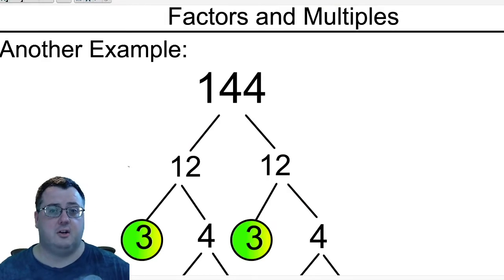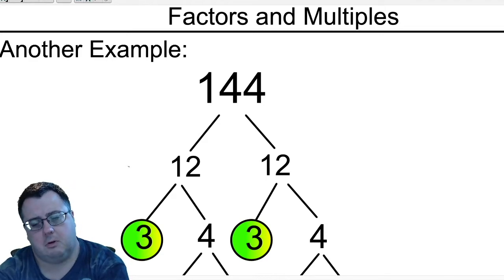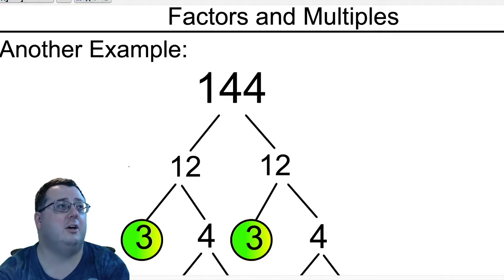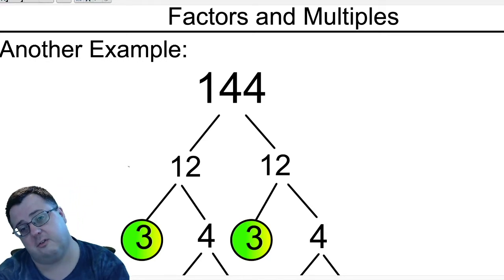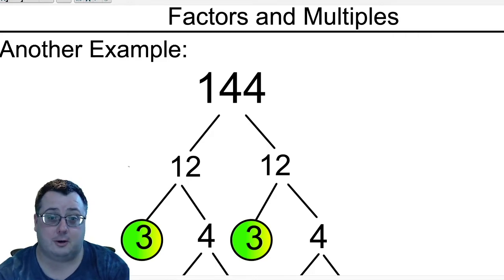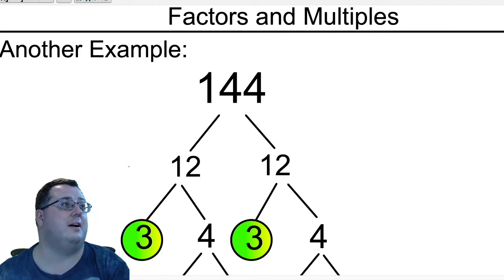Another example, 144. Well, this time I'm not going to break it down into 2s. I'm going to break it into 12s instead. Why 12 times 12? Well, 144 famously is 12 times 12. 12 is not a prime number because other numbers will divide 12. But it does allow me to break the 12s down.